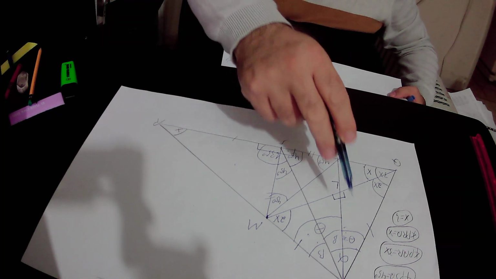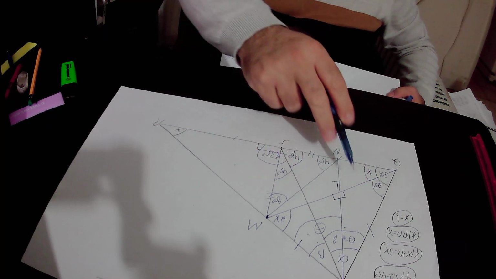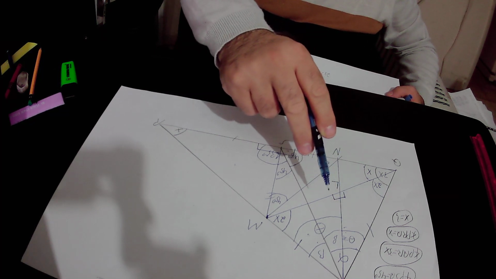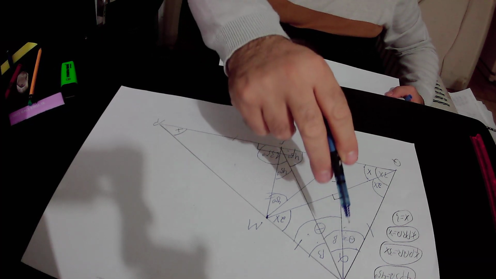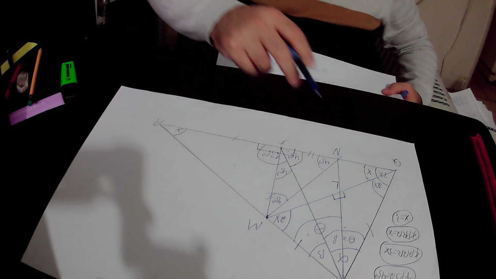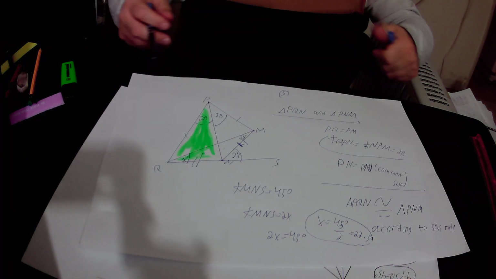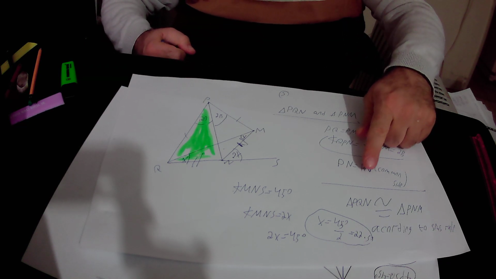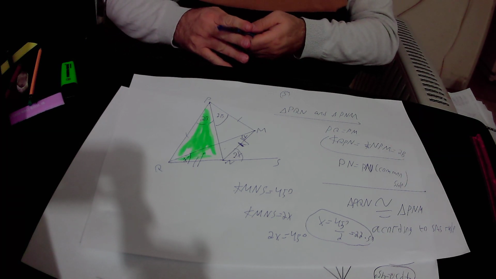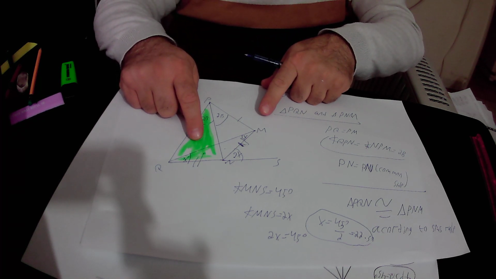So we actually have two sides, and the angle between them in triangle PQN equals two sides, that is to say PN and PM, and the angle between them in triangle NPS. Therefore, those two triangles can go into each other according to the side angle side rule. Triangle PQN can go into triangle PMN according to the side angle side rule. And from the fact that those two triangles can go into each other, we will conclude that PN equals MN.